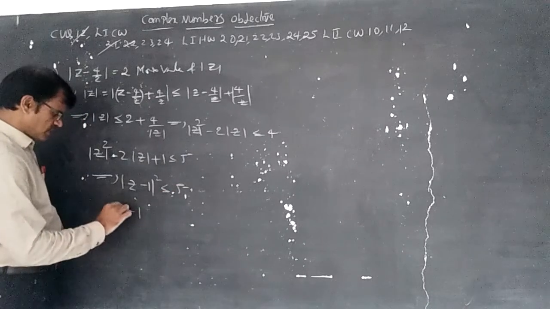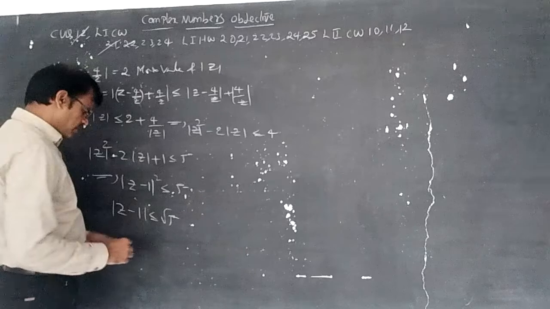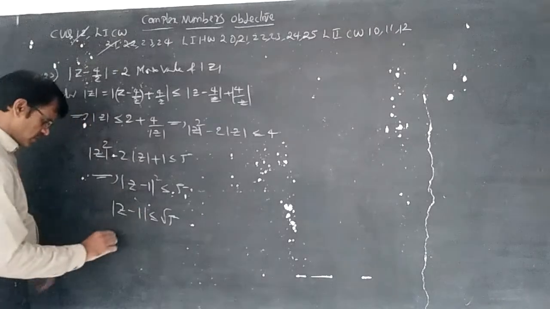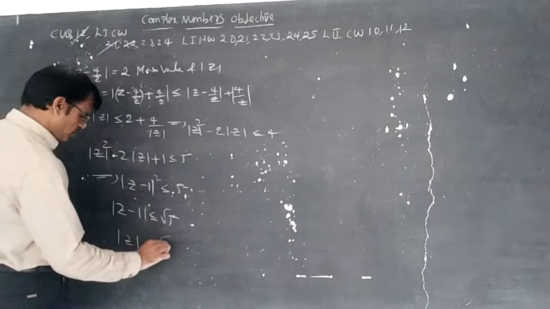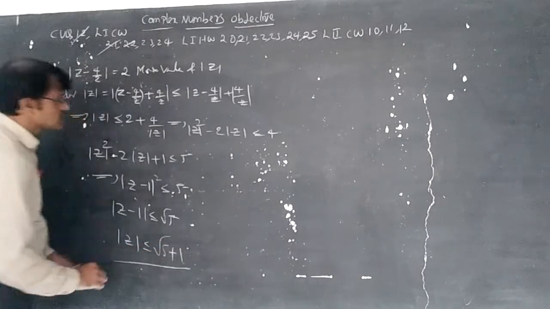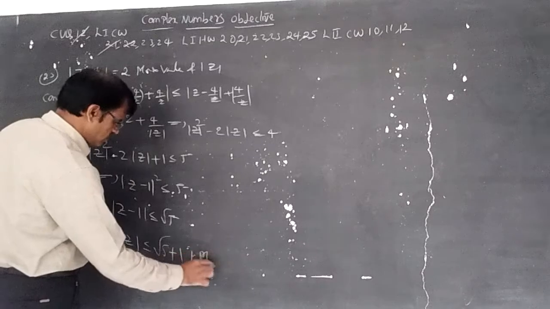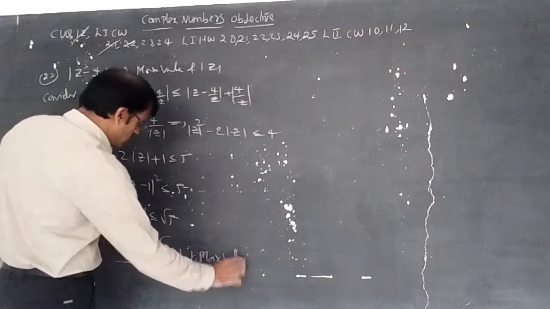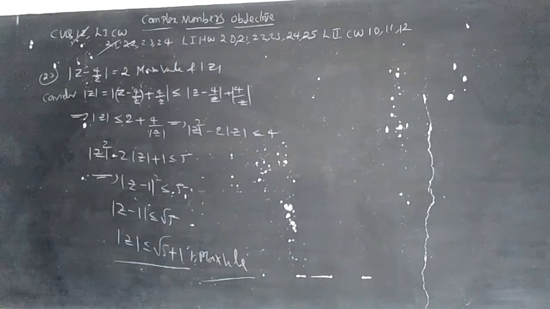So modulus of z minus 1 is less than or equal to root 5. Taking minus 1 to that side, modulus of z is less than or equal to root 5 plus 1. Root 5 plus 1 is the max value. If you are getting the min value, it is minus 1 plus root 5, that is root 5 minus 1.